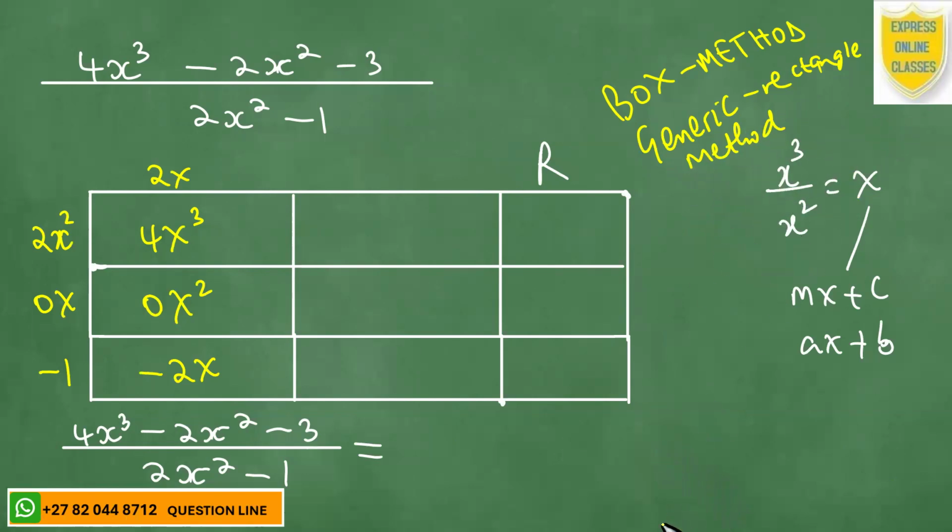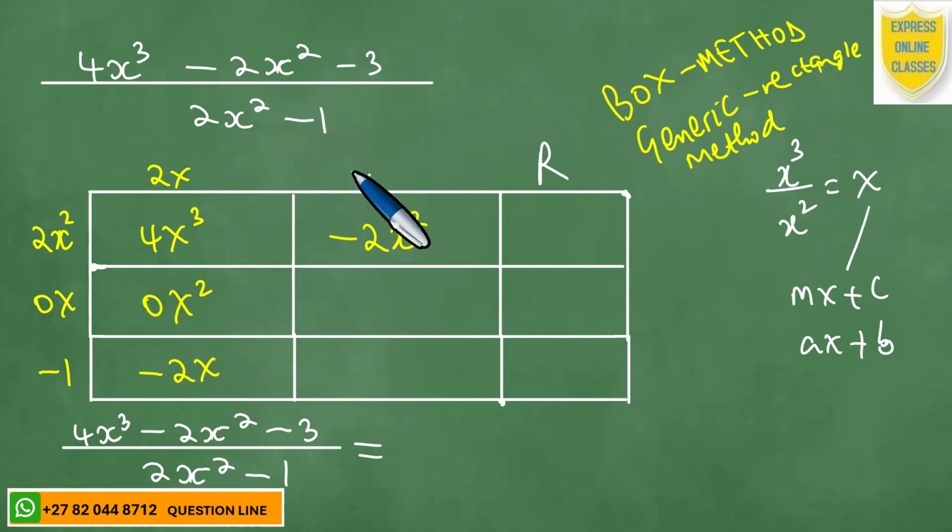Okay, now let's continue with our analysis of this particular question. We must think now of the term you need to put here, so that the sum of this with this would give us exactly minus 2x squared. So we must put here exactly minus 2x squared, so that minus 2x squared and 0 gives us minus 2x squared.